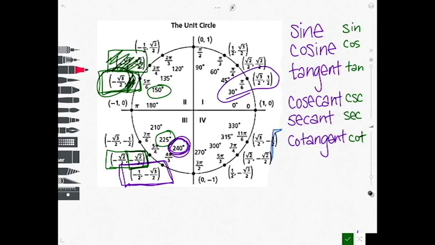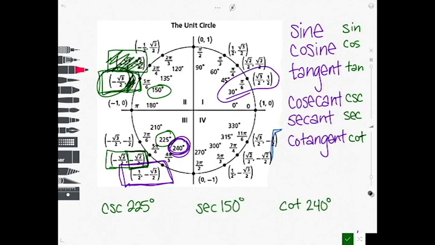So if I go back to what I had before, I was asked for the sine of 225. This time I'm going to ask for the cosecant. And last time I was asked for the cosine. This time I'm going to be asked for the secant. And last time I was asked for the tangent of 240. Now I'm going to ask for the cotangent of 240 degrees.